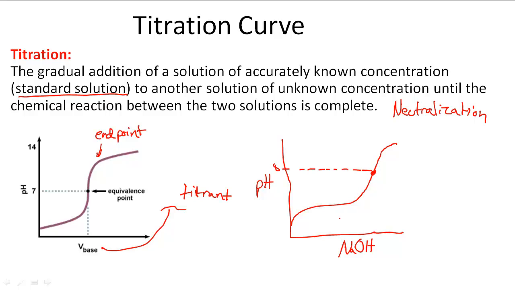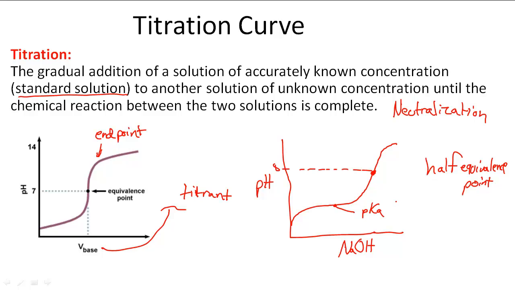Another important thing that the titration curve can tell you is at the half equivalence point. Let's say that it's about here. This is going to tell you the pKa.